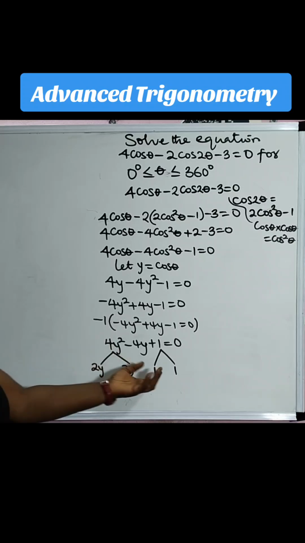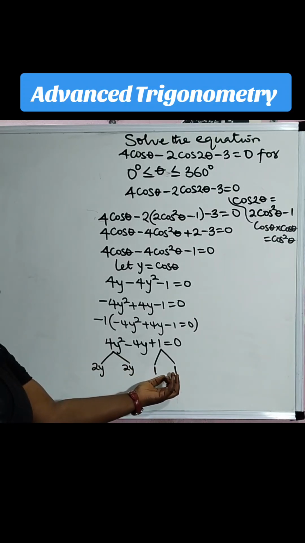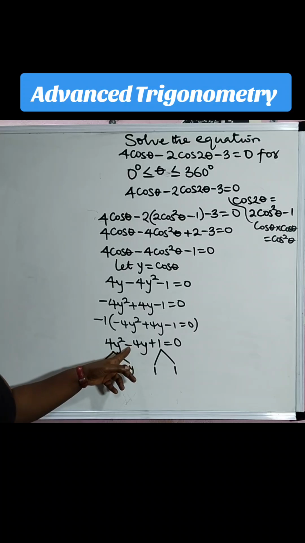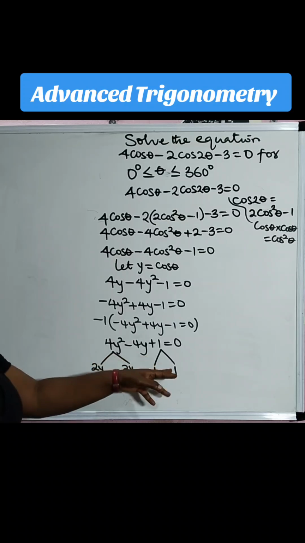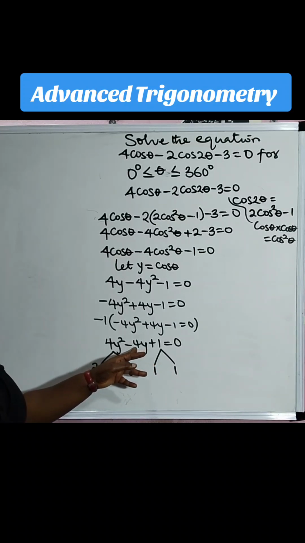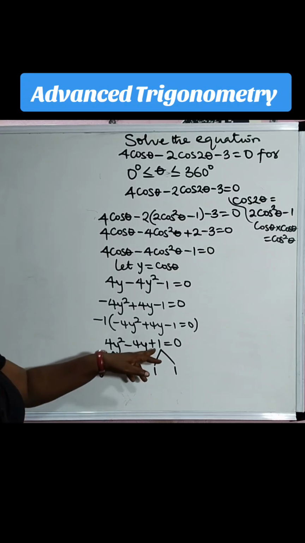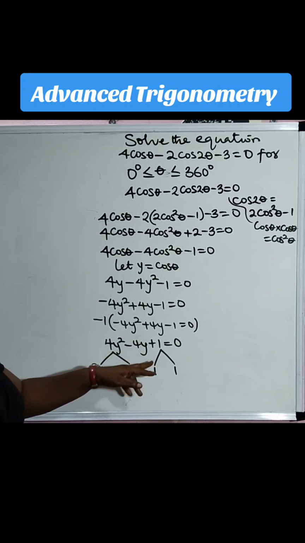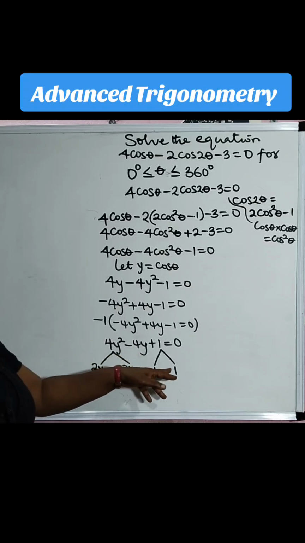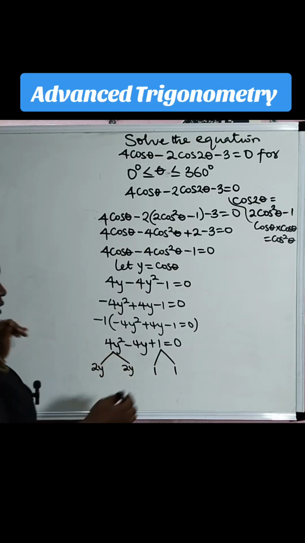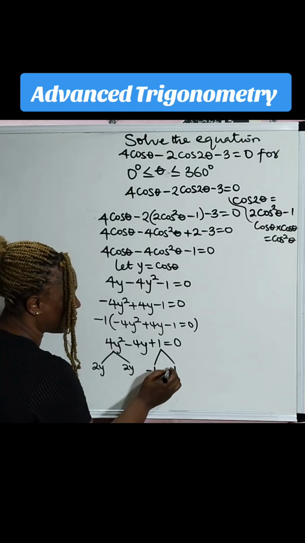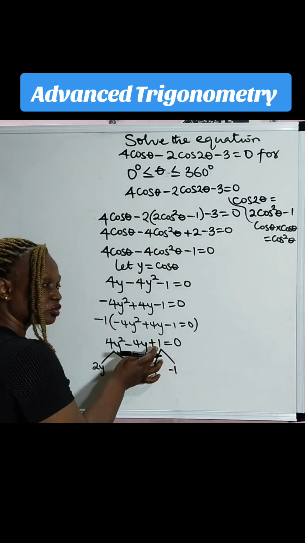Now what do we do to these numbers to have minus 4? Okay, now for us to use this to get the coefficient of y here, we are going to place our signs. Since we have minus here and we'll have plus here, this is to tell us that this should be in minus sign. So we have that minus 1 times minus 1 will give us plus 1.